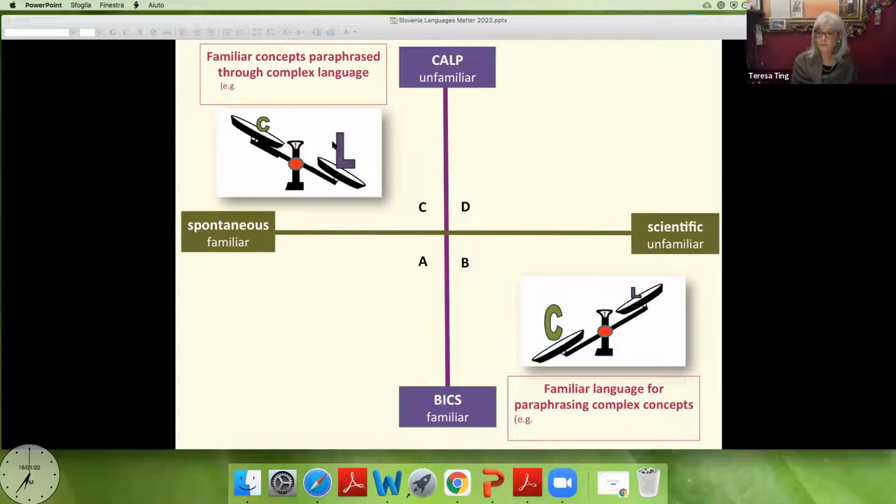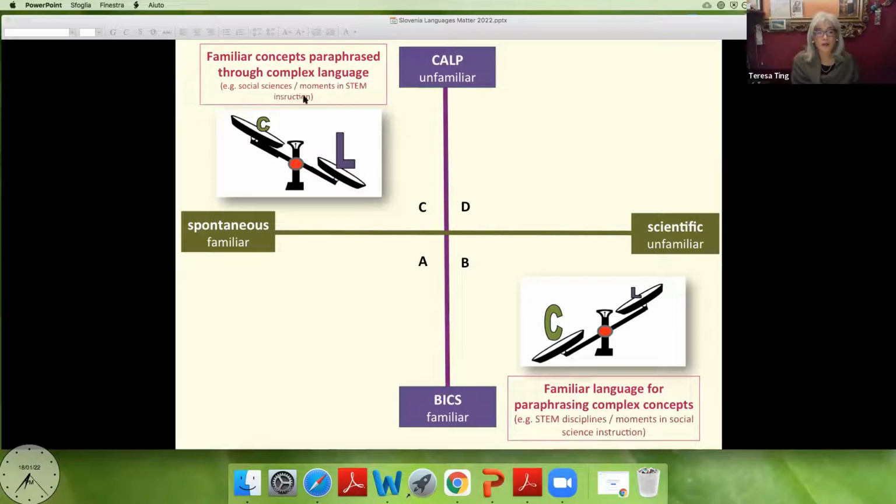And that would be more like C. While here we have familiar language for paraphrasing complex concepts. So, for example, chemistry concepts. And we talk about it in lighter language, which is what we said good teachers do.